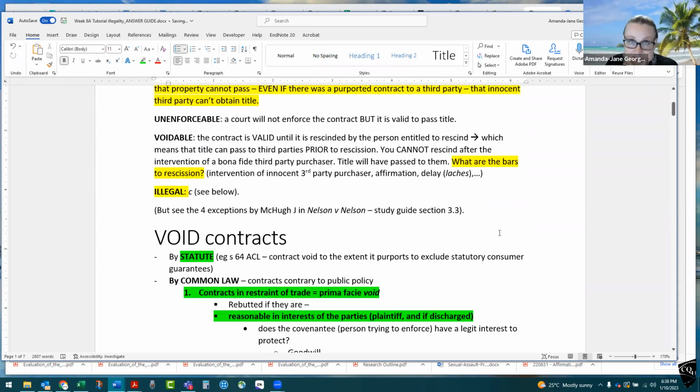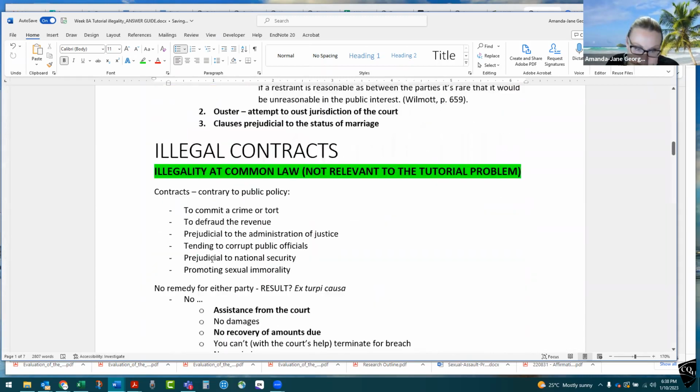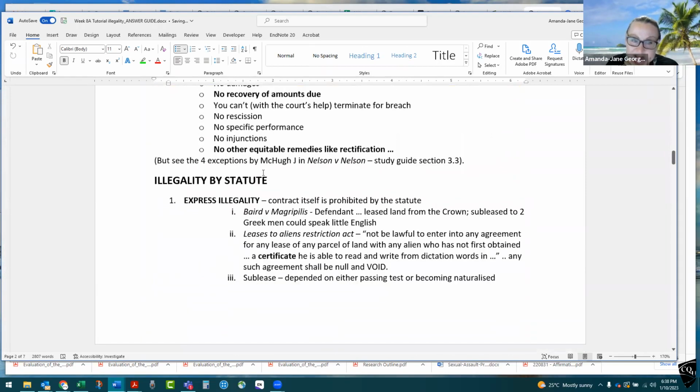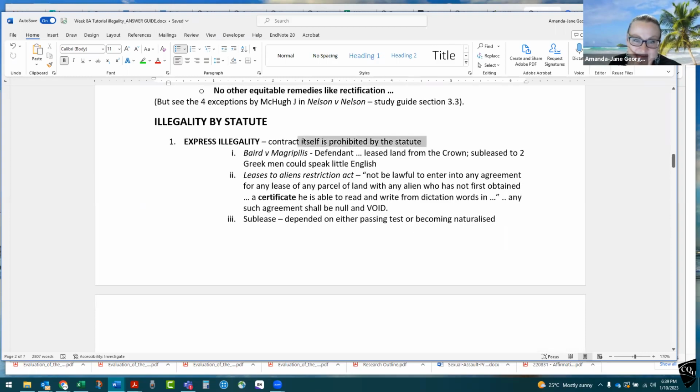And it actually uses the word void, okay? Illegal contracts under statute are when the statute says, don't do X, period, or X is prohibited. Okay, contract, in fact, even better, contracts to do X are prohibited. And that will have the consequence of illegality and therefore ex turpi causa. Okay. Few interesting cases here.